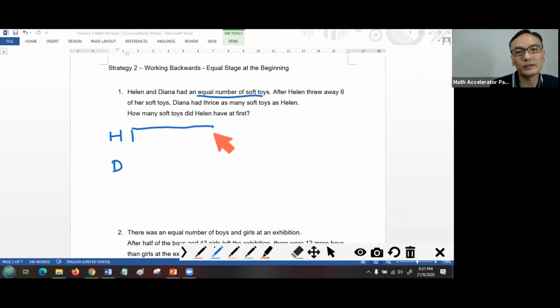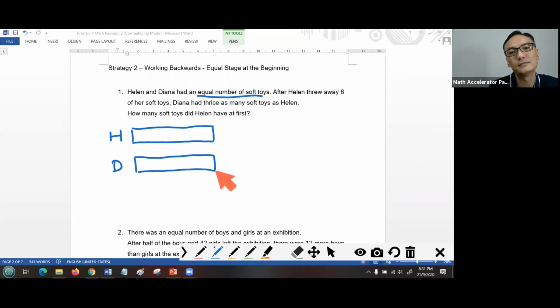We can illustrate the first statement by drawing an equal model. After Helen threw away 6 of her soft toys, right? So we're going to throw 6 away. Now Diana has 3 times as many soft toys as Helen. That means Helen is 1 unit and Diana becomes 3 units.